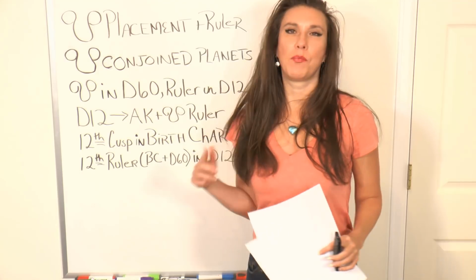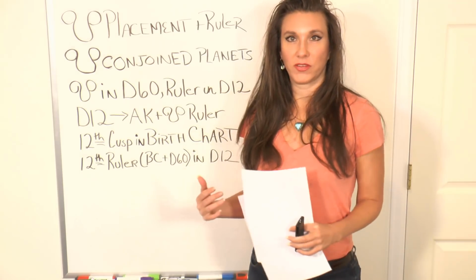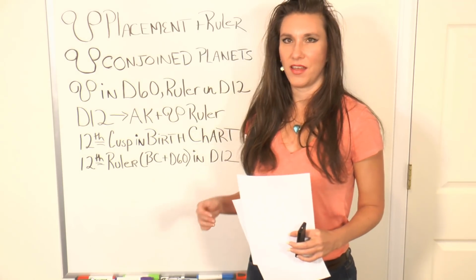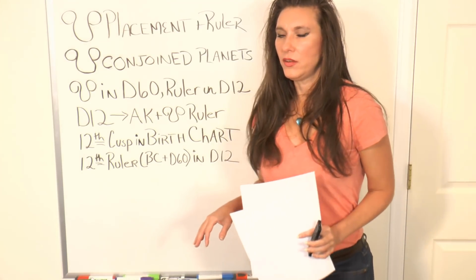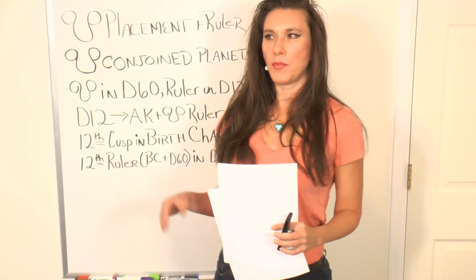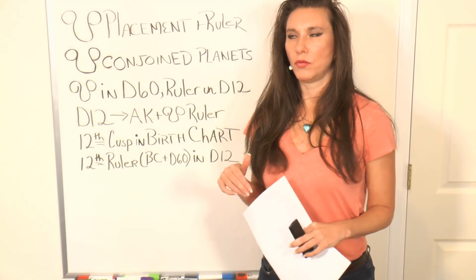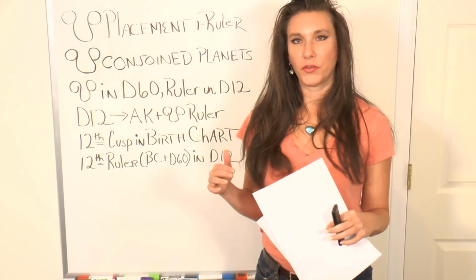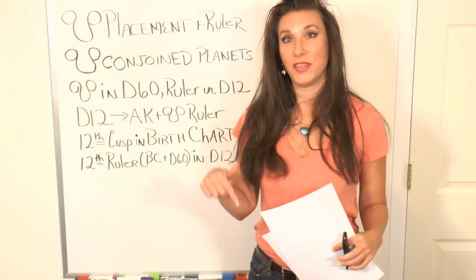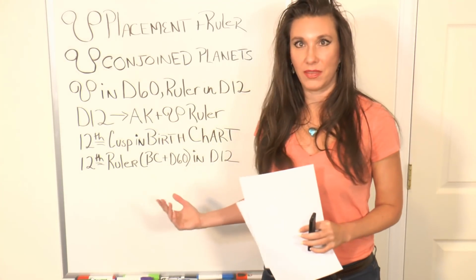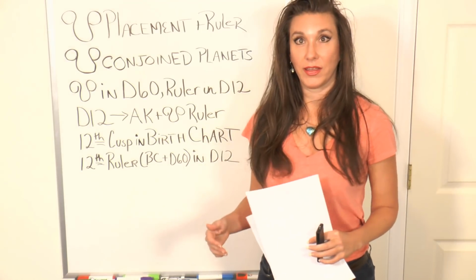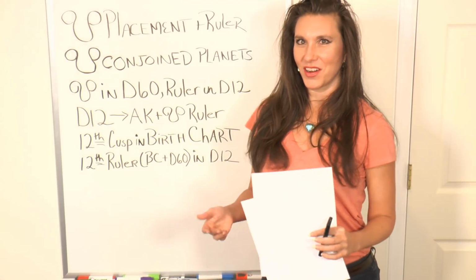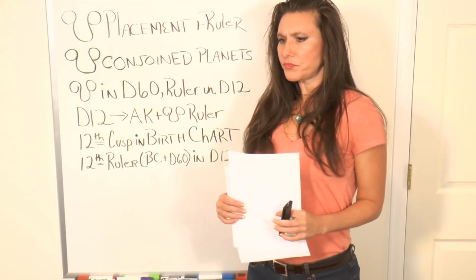Okay, and I'm going to get more into that when I do the specific video on that, because that's really interesting as well. Okay, and so the D12, I'm actually not going to show how to calculate the D60 or the D12 in this video, because I'm not using them in this video. But when I do use them, I will show you how to calculate those if you don't have the software.